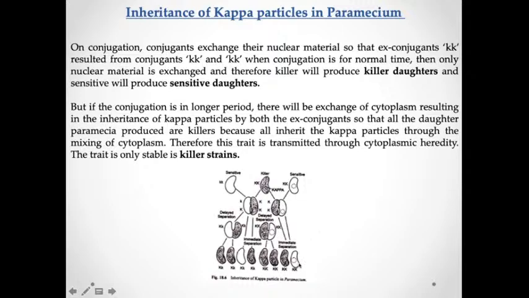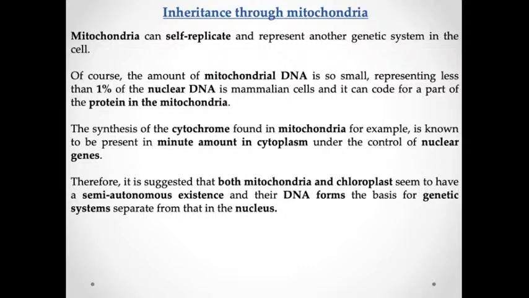That's how your killer strain is being transferred because of the cytoplasmic inheritance. And this inheritance could also be via mitochondria. So we have discussed plastid, and also nuclear, and also Paramecium killer strains.